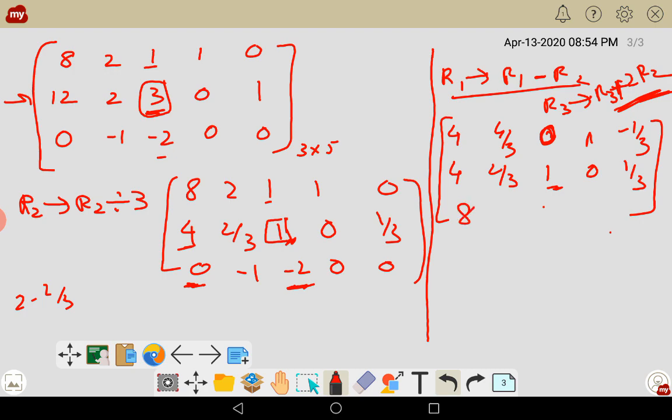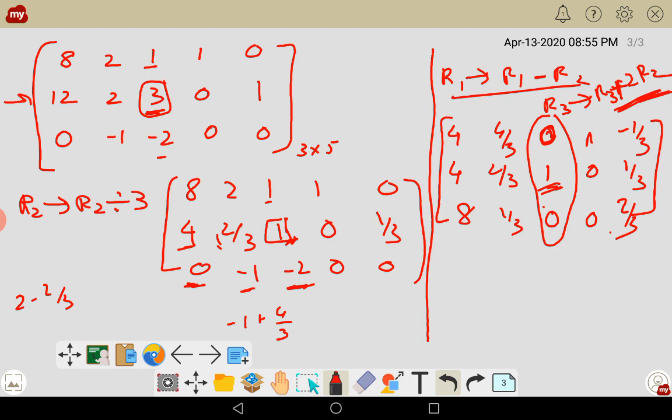Then minus 1 plus 2 times this element, 4 over 3: minus 3 plus 4, 1 over 3, isn't it? And this element will be 0 because minus 2 plus 2 times 1 is 0, isn't it? 0 plus 0, this is also 0. Finally, this one, 0 plus 2 times 1 over 3, this is 2 over 3. So we have done the reduction in this column. The leading element becomes 1, other elements in the column become 0.